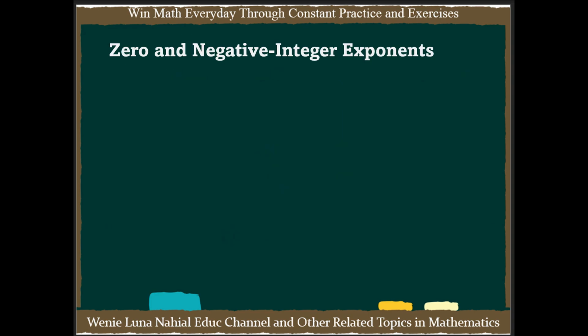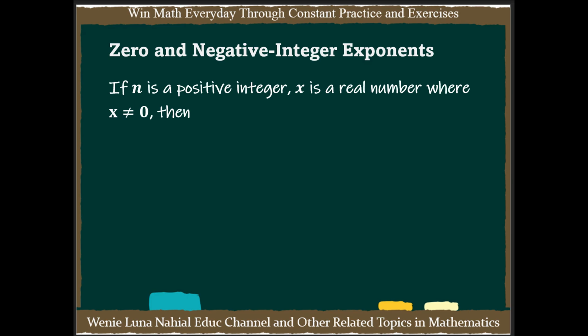Okay, for the zero and negative integer exponents, we have if n is a positive integer and x is a real number where x is not equal to 0. Again, we have the condition that x cannot be equal to 0.